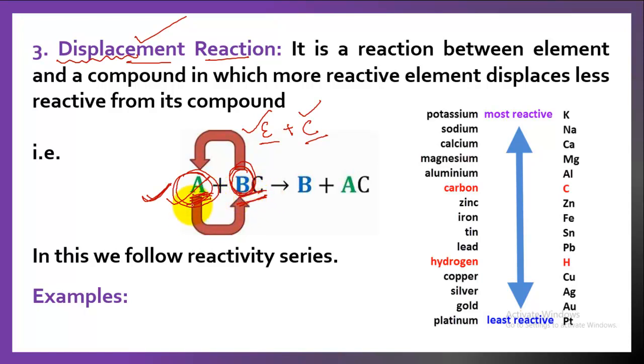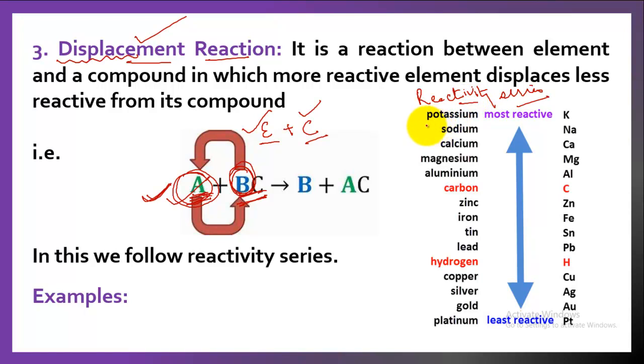Now, is it more reactive or less reactive? That can be known through the reactivity series. What is the reactivity series? It is a tabular series in which the elements are arranged in order of their decreasing reactivities.